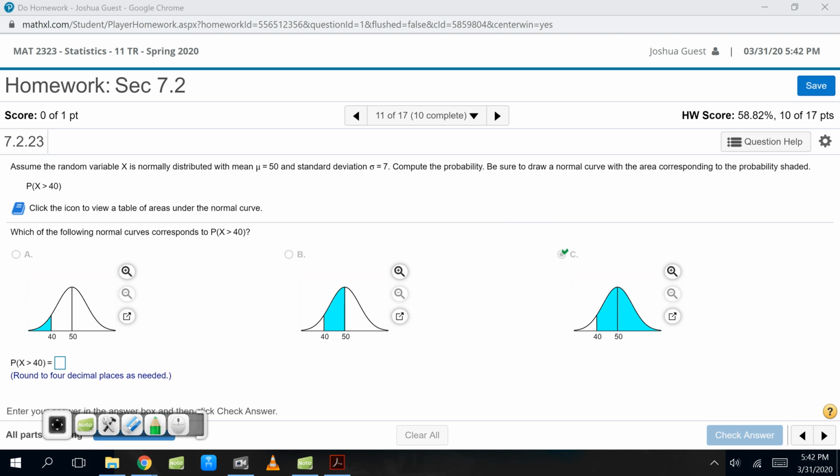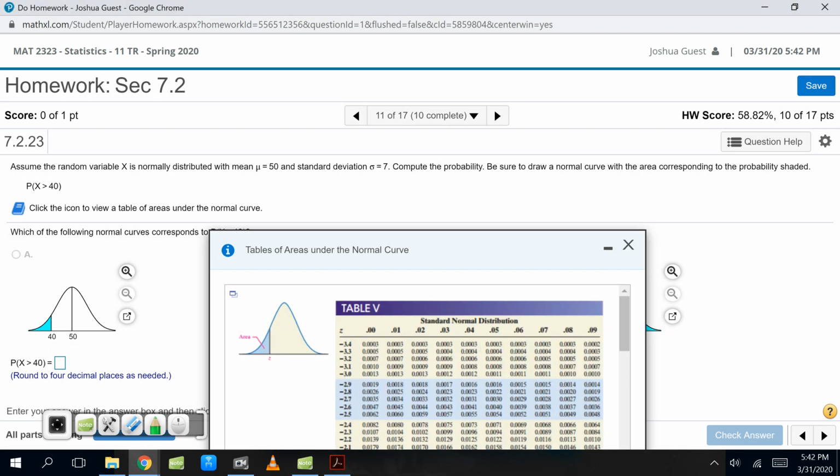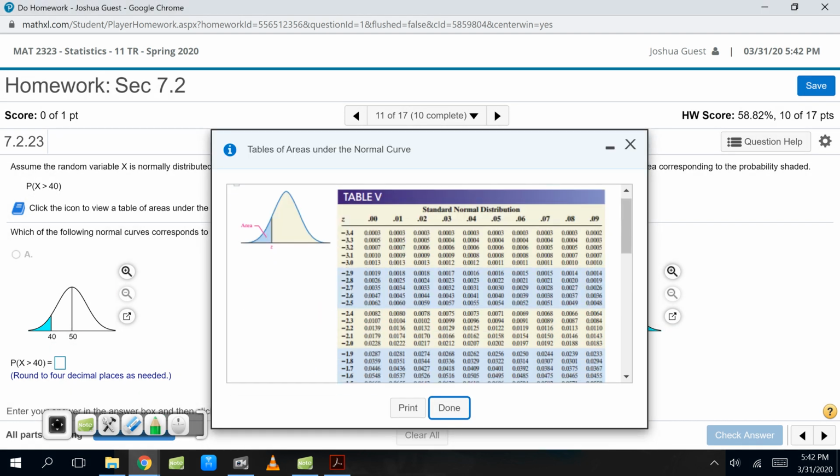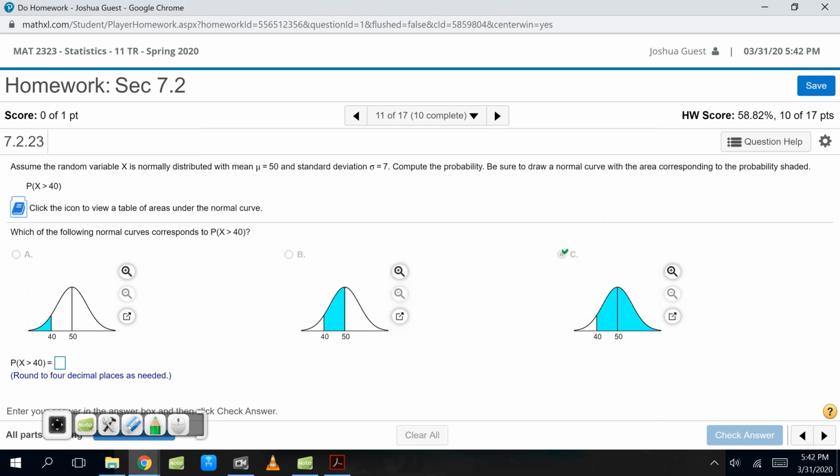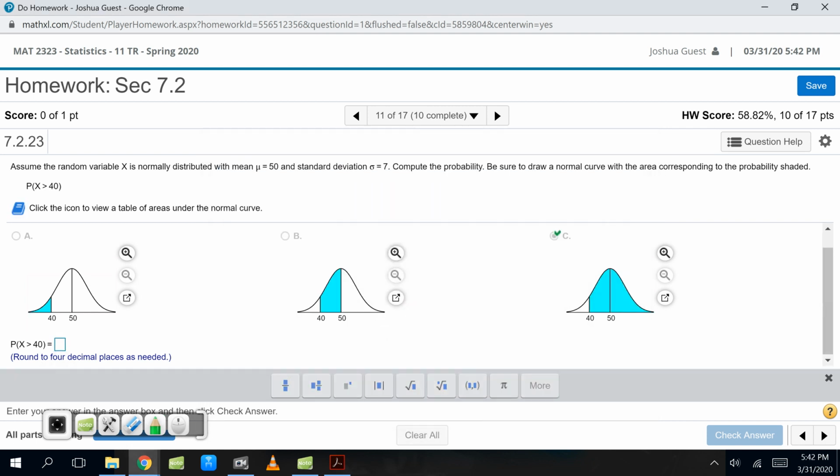That doesn't go in my answer box. I've got to look it up. So let's find my table. Negative 1.4, 0, 1, 2, 3 is 0.0764, and that's what goes in right here. 0.0764, all right?